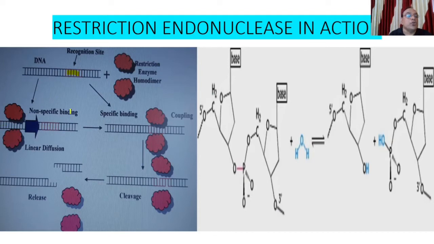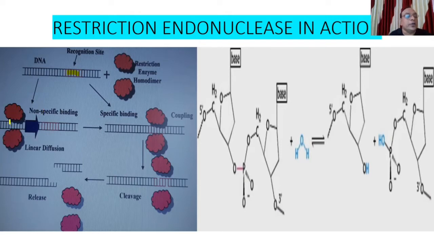The entry was non-specific binding because it has not entered at the point of recognition. It has entered before the point of recognition, which was not being recognized. So it is not a specific bonding. It is a generalized type of bonding.